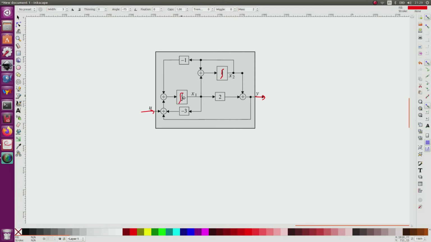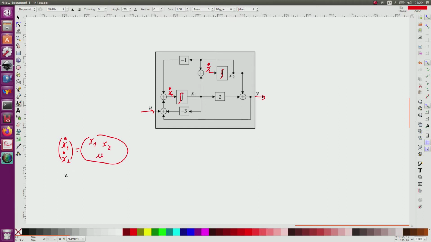So to find the state equation, I have to express the derivative of the state variables, which are inside the integrator, inside the memory, x dot 1 and x dot 2, as a function of the state variables x1, x2, and the input u.